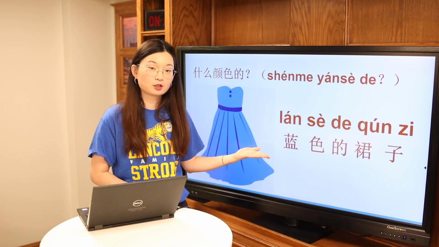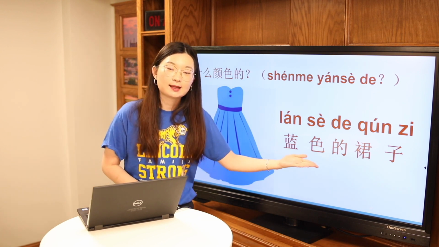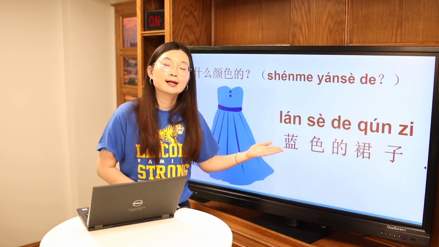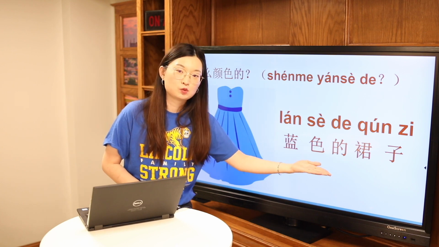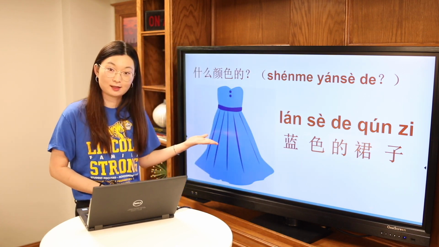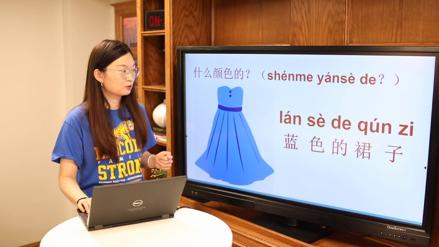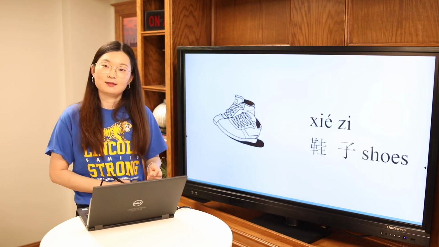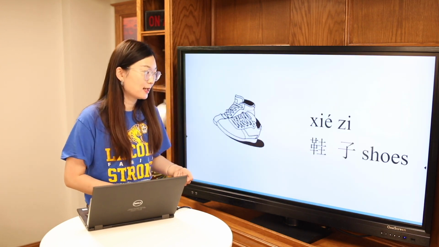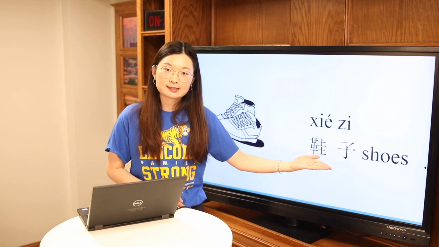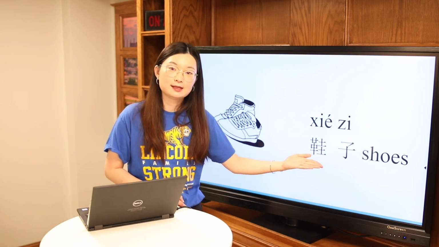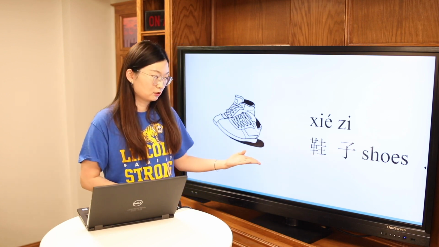it? 这是蓝色的裙子。蓝色的裙子。So this one is a blue dress. 蓝色的裙子。And then the last word we're going to learn today is 鞋子。鞋子 means shoes.